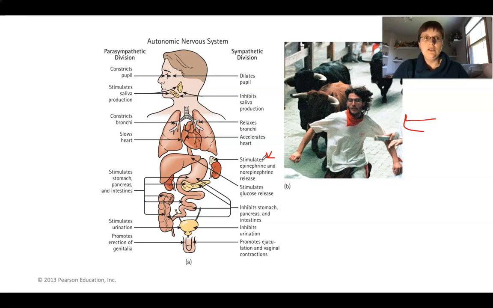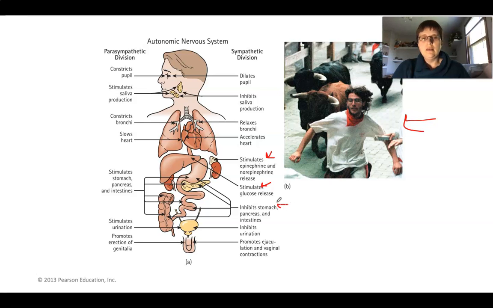So basically, you're going to get a shot of adrenaline. And so this is going to trigger actually a lot of these reactions. You're also going to get glucose released from your liver. That is a huge shot of energy going out into your body so that your body can start processing it.